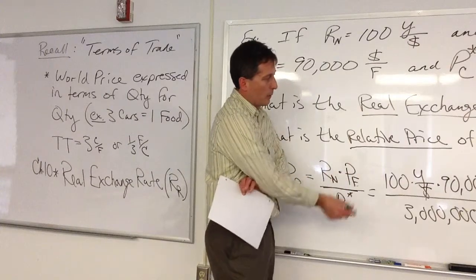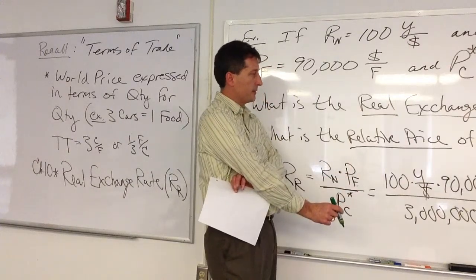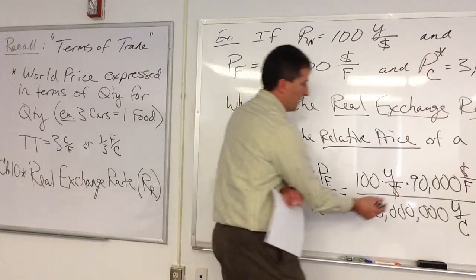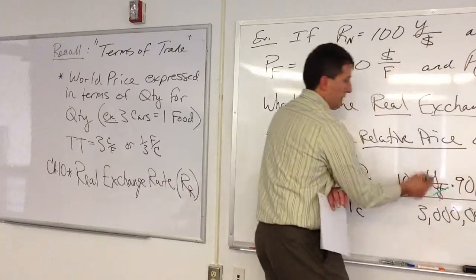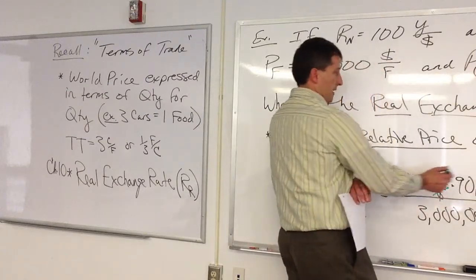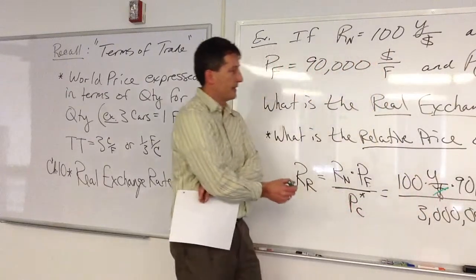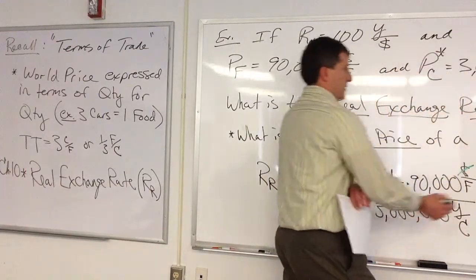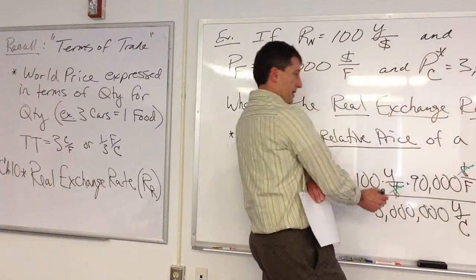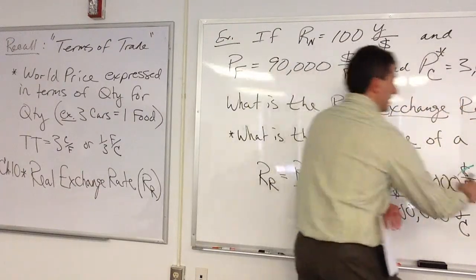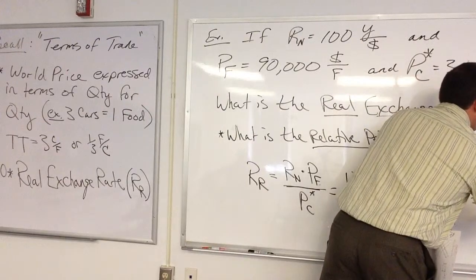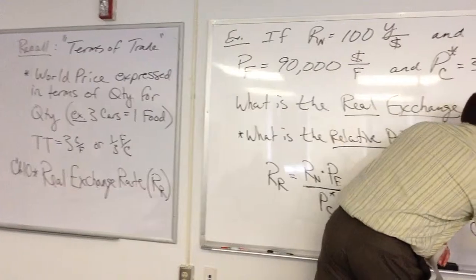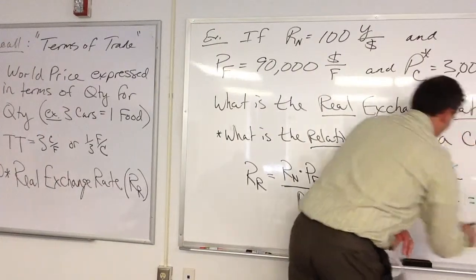All right, so what do we get for an answer with all this craziness? The dollars cancel here, right? So we end up getting 100 times the 90,000, giving us $9 million. 9 million yen per food, all over our $3 million yen per car.